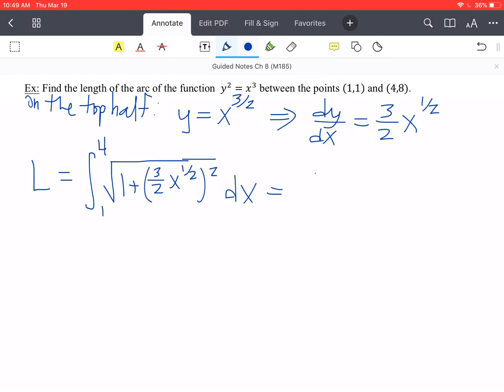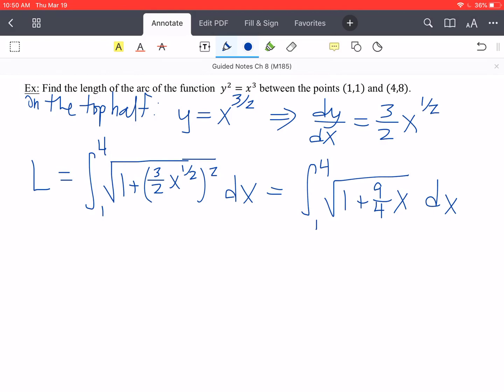Okay, and then let's simplify that square inside the root. So that's going to be the square root of 1 plus 9/4, x to the 1/2 squared is just x, so 9/4 x dx.